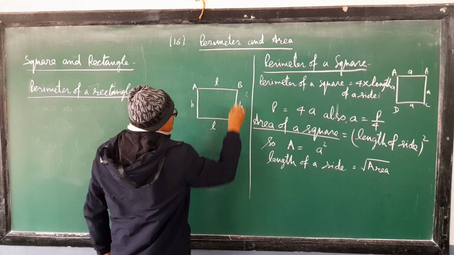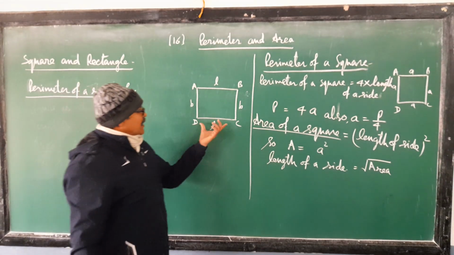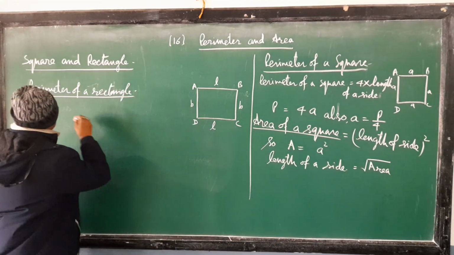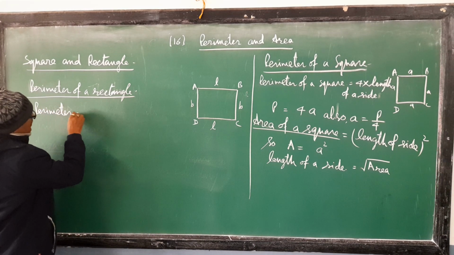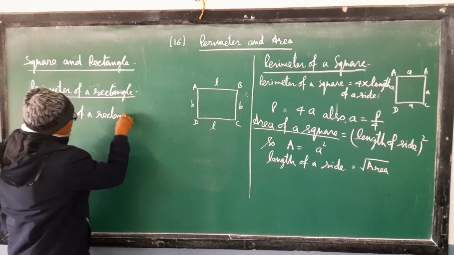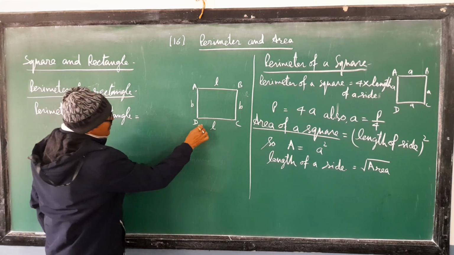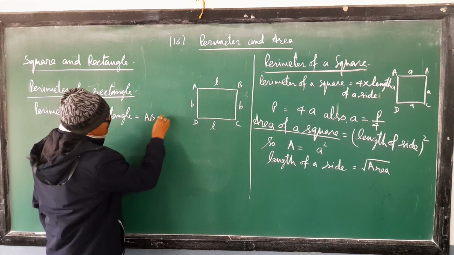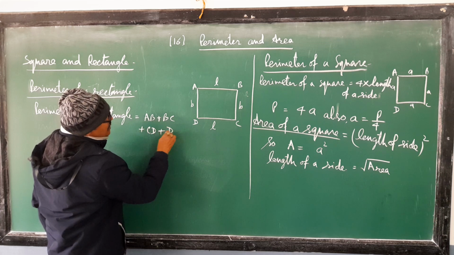Then perimeter of a rectangle is the length of the boundary AB plus BC plus CD plus DA.